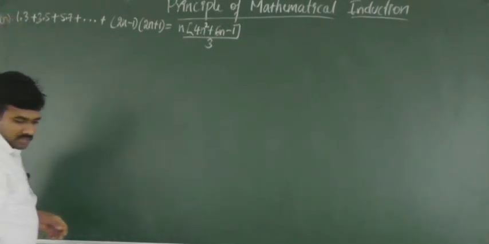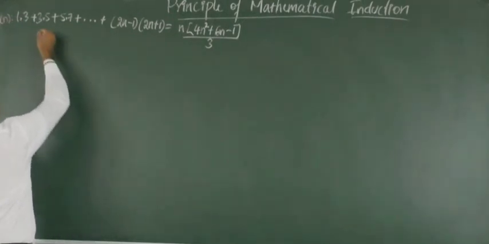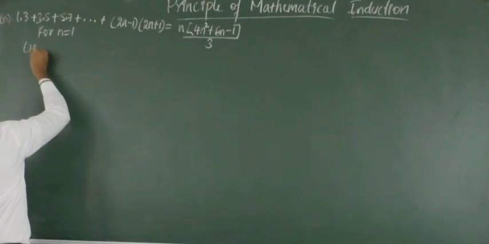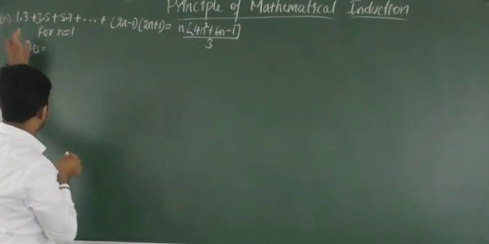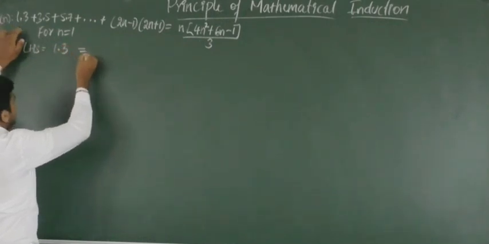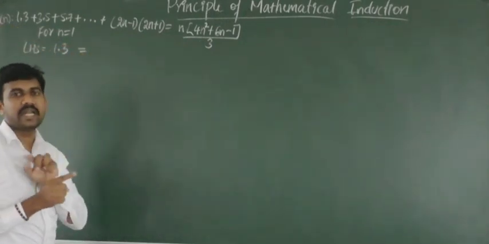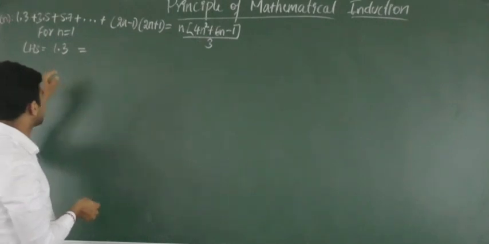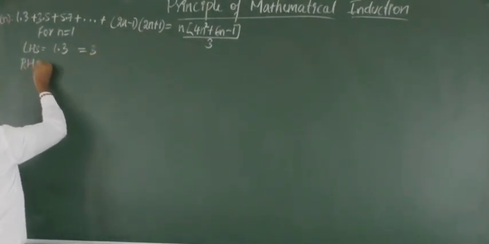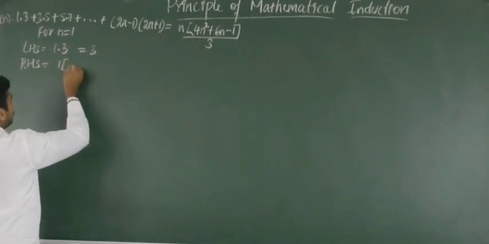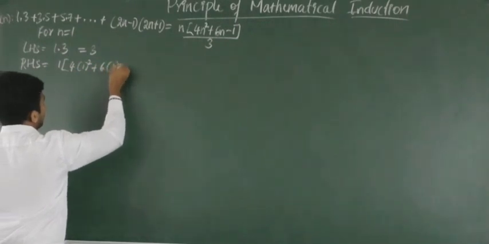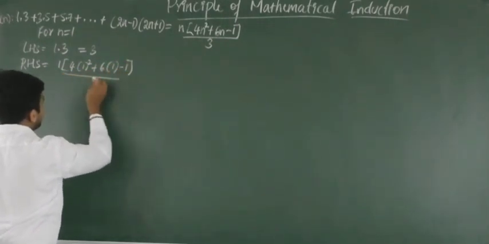Now see, for the first case, for n equal to 1, what LHS value will we get? LHS is nothing but the first term, that is 1 into 3. Here you can observe the numbers 1 and 3 are multiplied, so 1 times 3 is 3. Similarly, the right hand side is 1 into 4 into 1 square plus 6 into 1 minus 1, whole divided by 3.